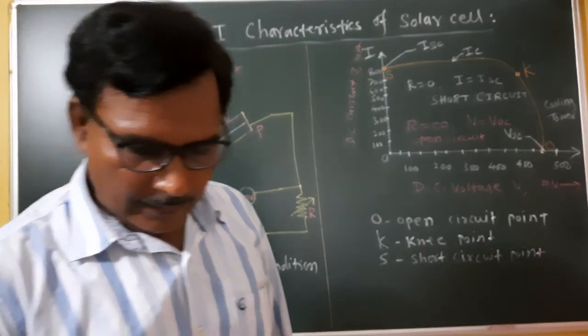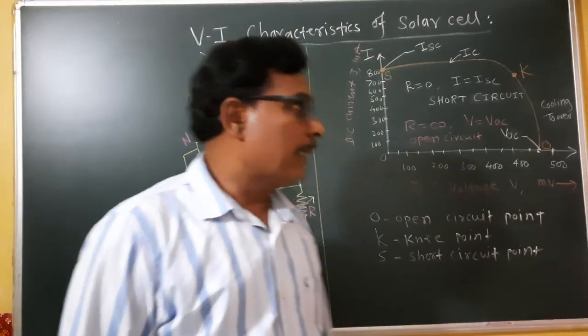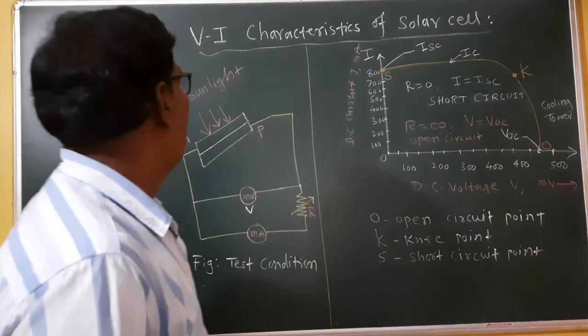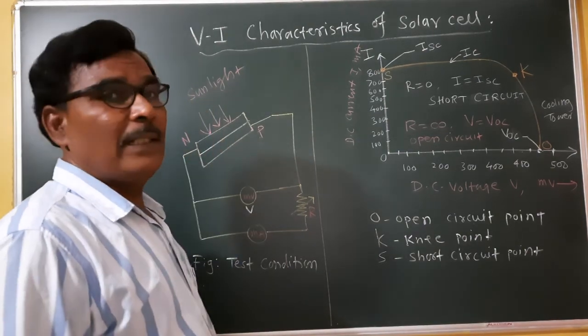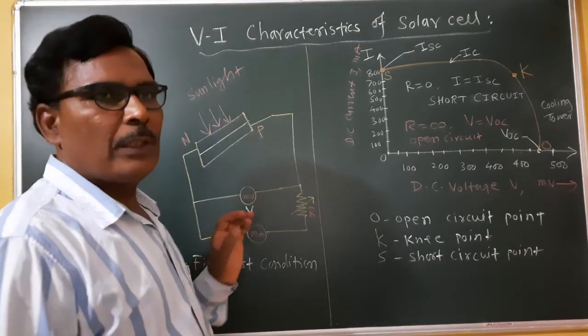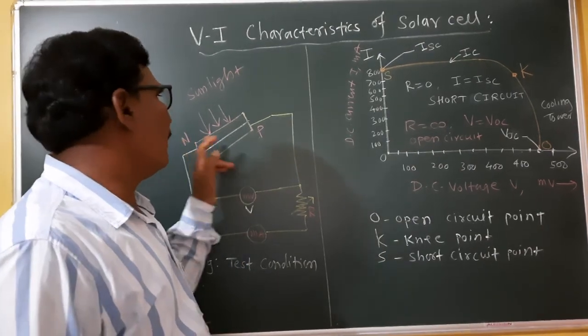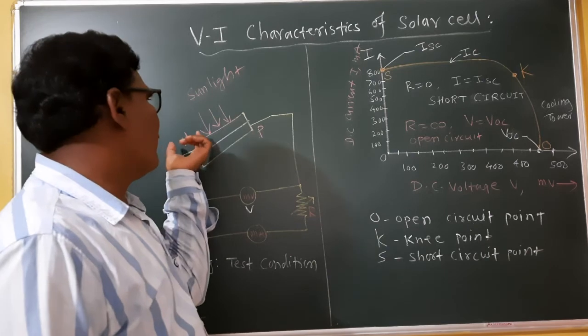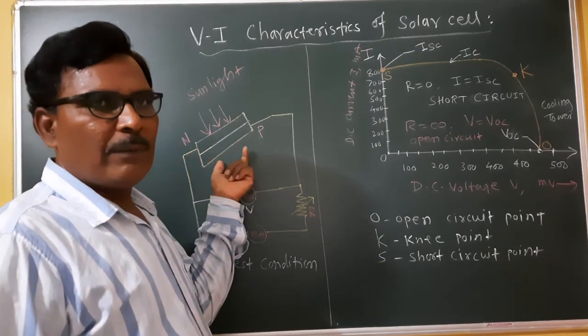In the VI characteristics of a solar cell, we have to consider one solar cell. The solar cell consists of a two-junction semiconductor, N type and P type. N type is very thin, P type is very thick.